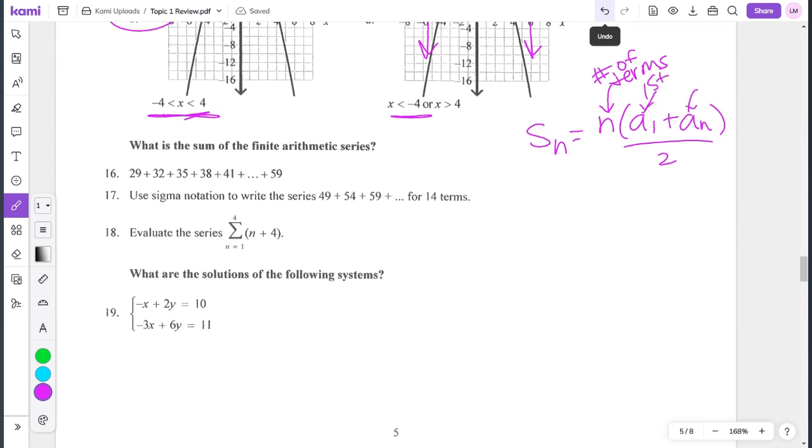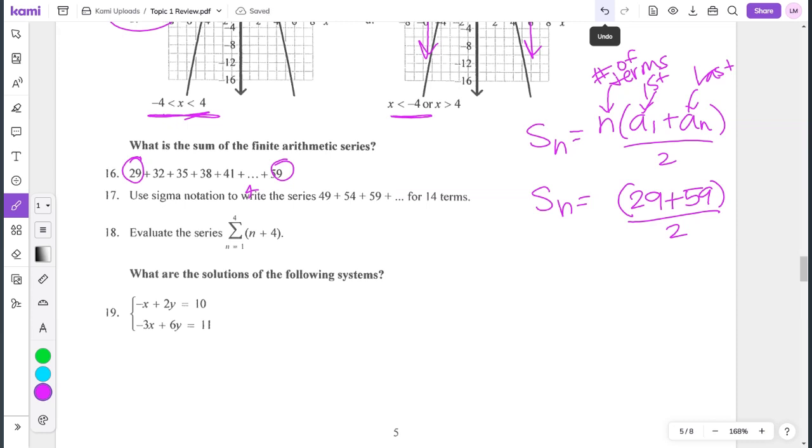And I need the last term. Value, not number. I need the value. So I have the first and the last term. I don't have how many term numbers there are.